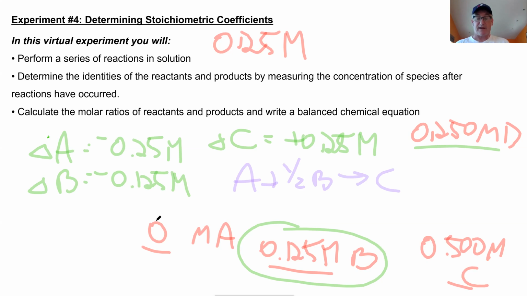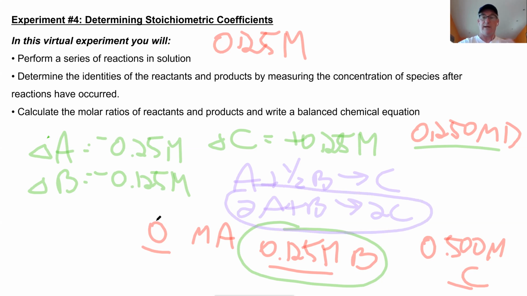But if we want to look at whole numbers, we want to multiply everything by 2. So it would be 2A plus B equals 2C. That would be our reaction. So everyone sees how that works. Hopefully, pretty much everybody got this.